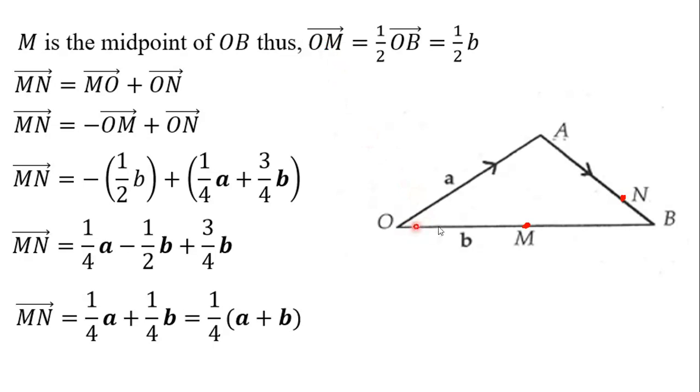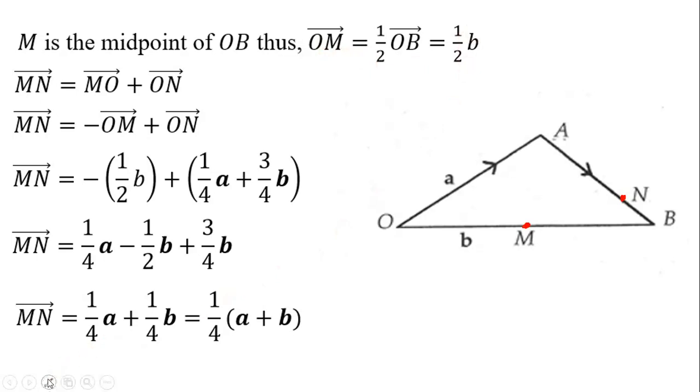So this vector OM is half of the vector OB. What is the vector OB? Well, the vector OB is B. So OM is going to be half of B.